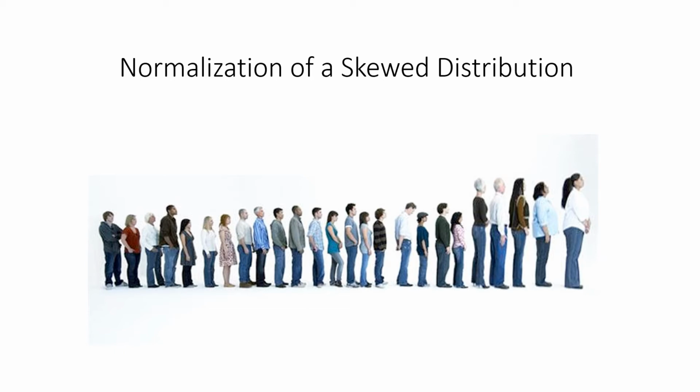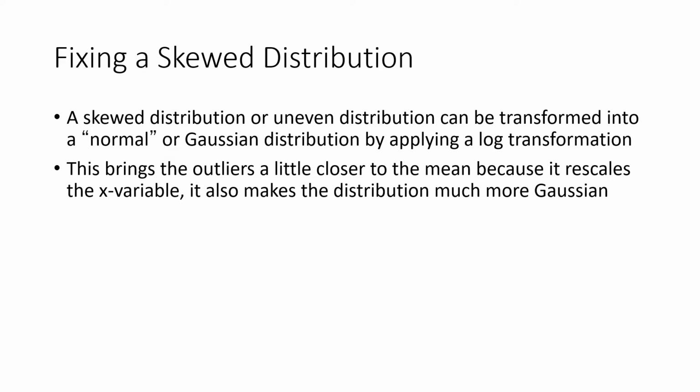In this example, we've got a whole bunch of people, but you'll notice on the right side there are 5 giants. The presence of these 5 giants will skew the distribution in an unusual way, so that the shape of the curve will be shifted with a long tail in terms of height.